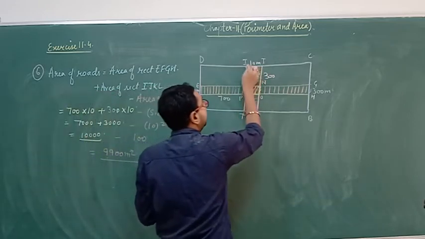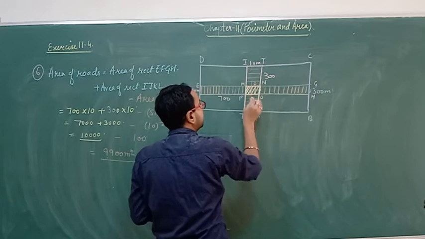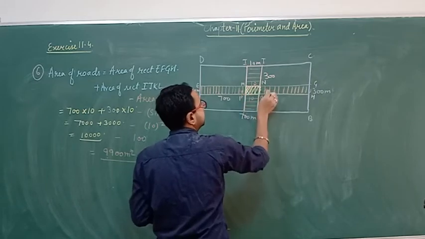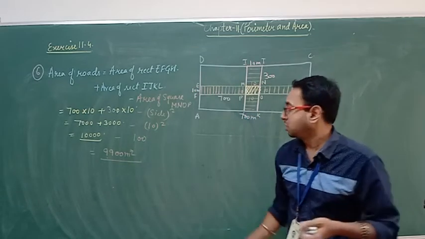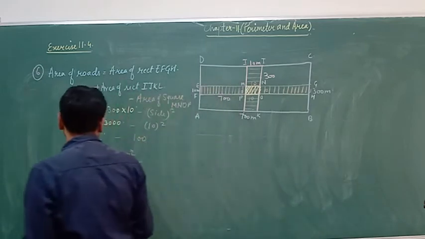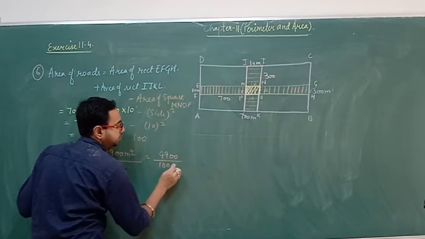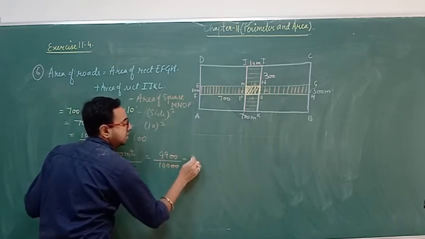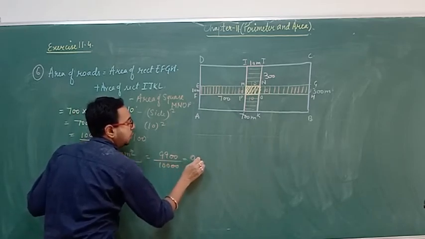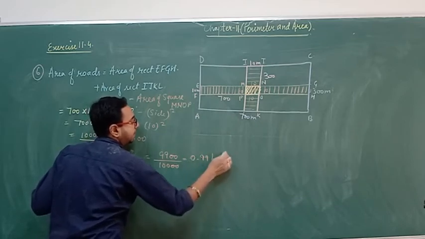Why is it 10? Because if this is 10, this is parallel. This is 10, this is 10, this is 10, this is 10. That is why it is a square. So 9900 meters square. Into hectares it will be 9900 upon 10,000. Zeros cancel. It is 0.99 hectare.